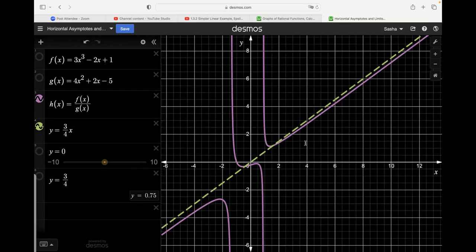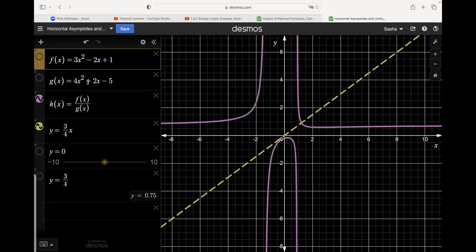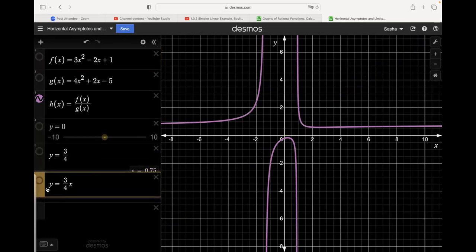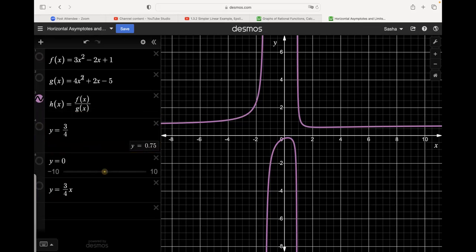Now you might be asking yourself, well, there are some other interesting things happening here. We have some vertical asymptotes as well. And we had vertical asymptotes when we were looking at the first example, where we've got that x squared term and that x squared term. You might say, well, how can I find the corresponding vertical asymptotes?